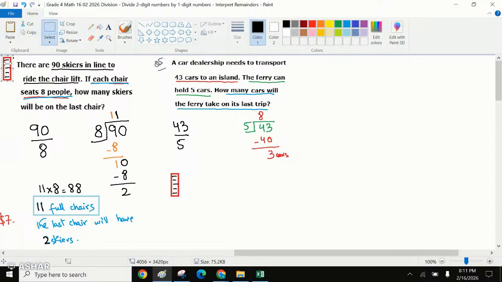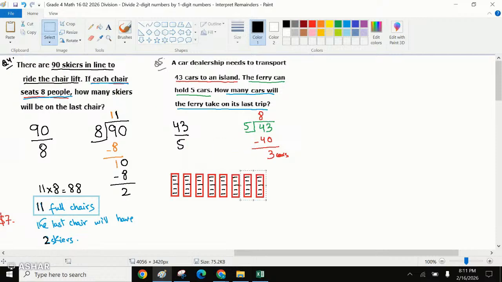The second ferry also has 5 cars. We have 10 cars in total, right? Then 4 ferries have 20 cars. 6 ferries have 30 cars parked on them, right?